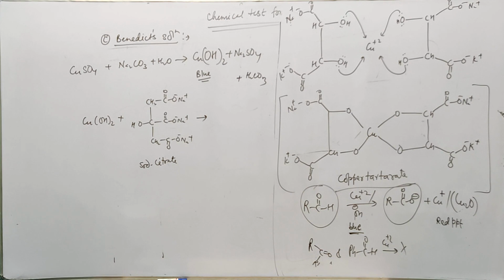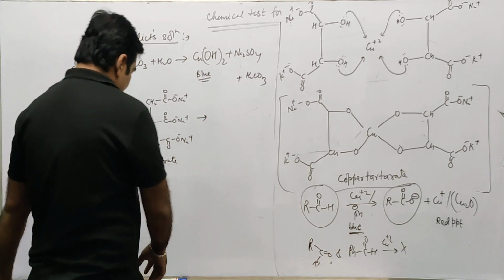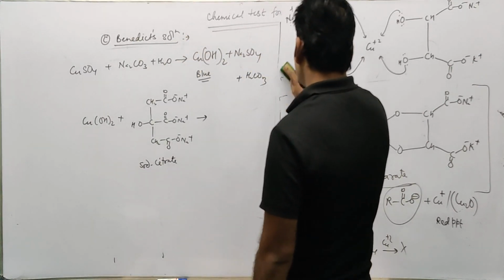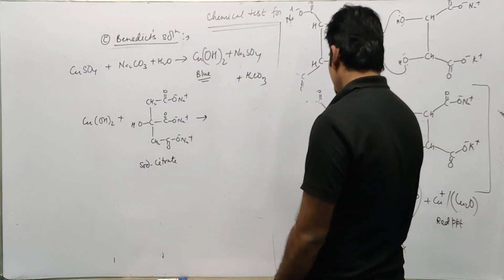Aliphatic aldehyde will respond to this test positively. Write down. Aliphatic aldehyde will respond to this test positively, while ketone and aromatic aldehyde will not respond to this test positively.